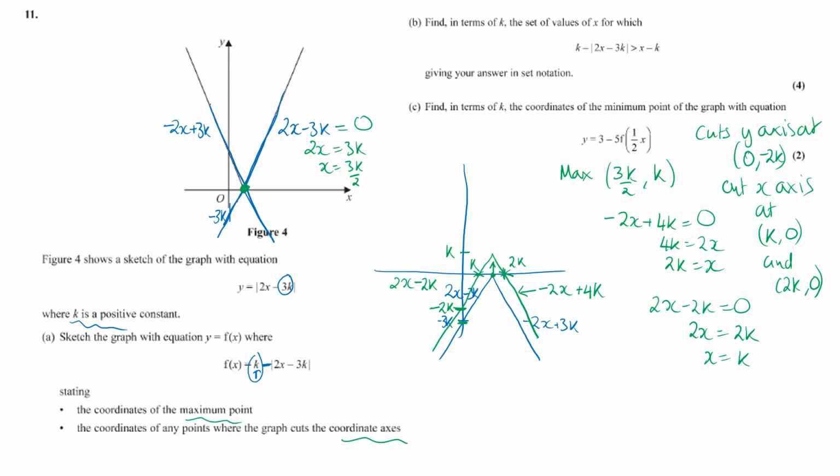Part B. Find in terms of k the set of values where the graph that we've just drawn has to be bigger than x minus k.